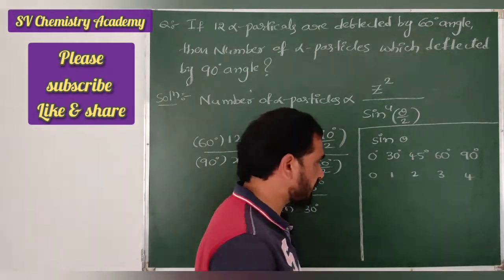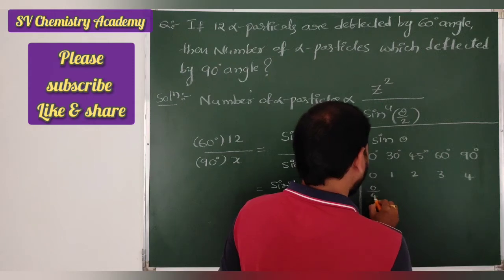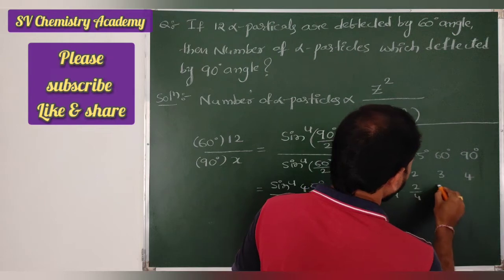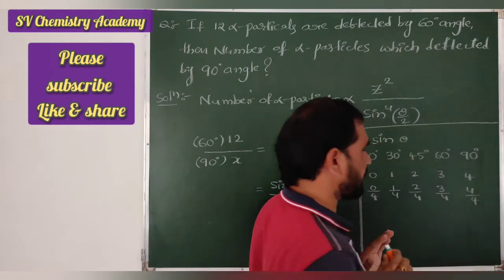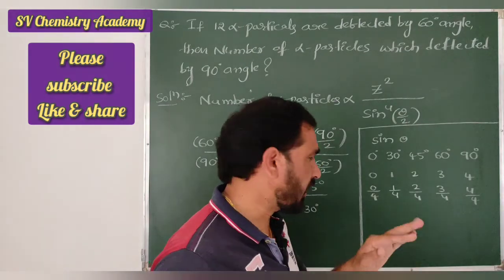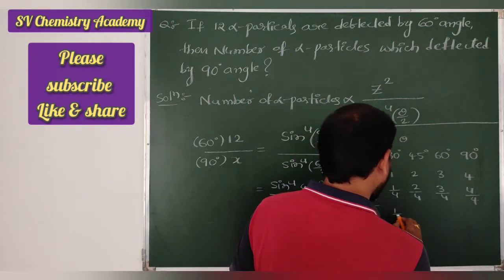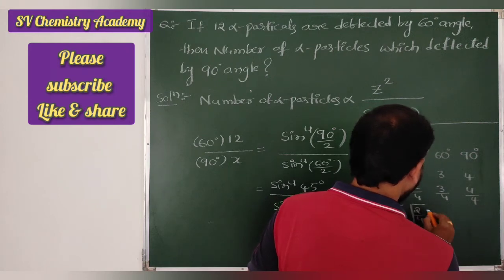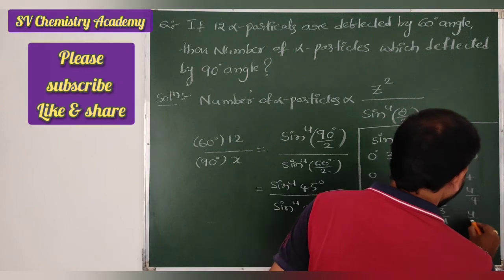Then the next step: 0 divided by 4, 1 divided by 4, 2 divided by 4, 3 divided by 4 and 4 divided by 4. Is it clear? After that, take the root over them: root of 0 by 4, root of 1 by 4, root of 2 by 4, root of 3 by 4 and root of 4 by 4.